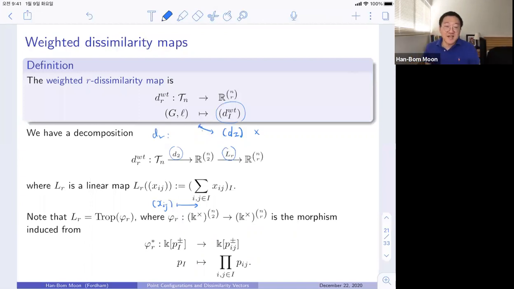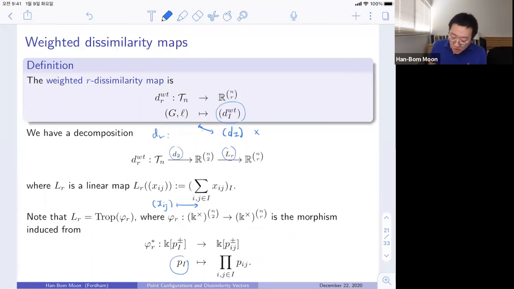Furthermore, this is not the end of the story. This linear map L_R, which is a 0-1 matrix, is indeed a tropicalization of a morphism P_R, where P_R is a morphism between two tori induced from the following map.